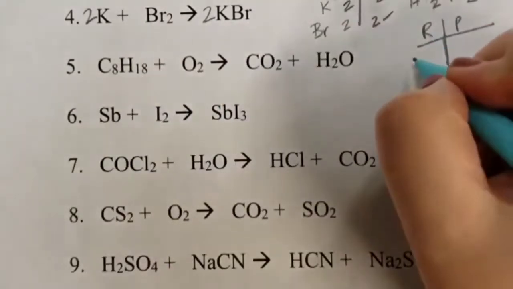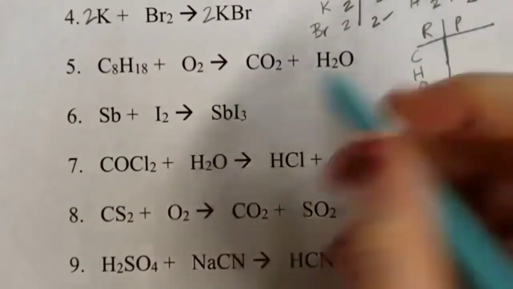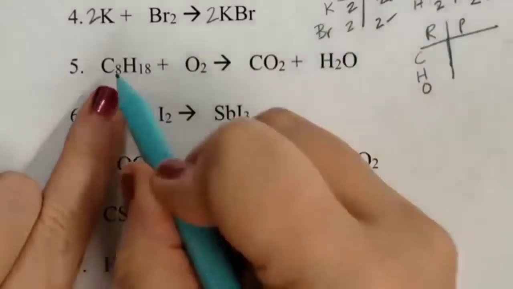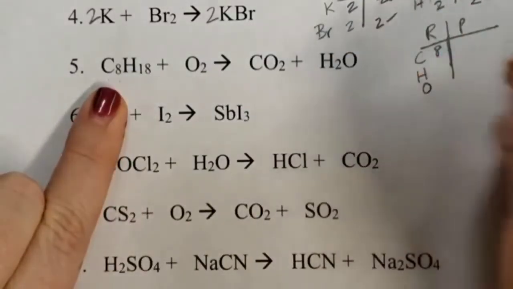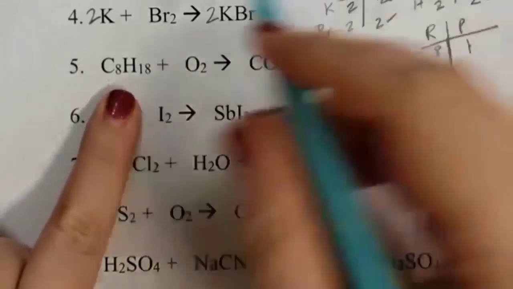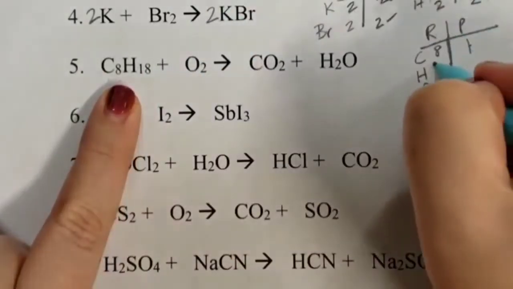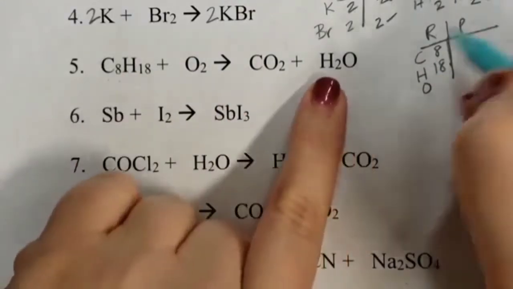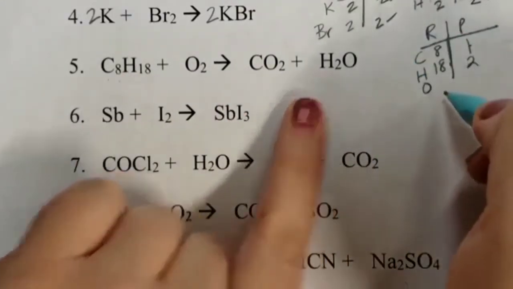Anyway, we're going to list our elements, C, H, and O. On the reactant side, we have 8 carbons. On the product side, we have 1 carbon. On the reactant side, we have 18 hydrogens. On the product side, we have 2 hydrogens.